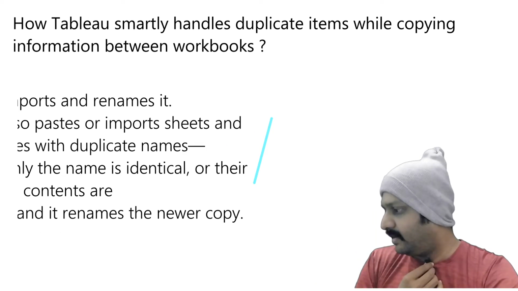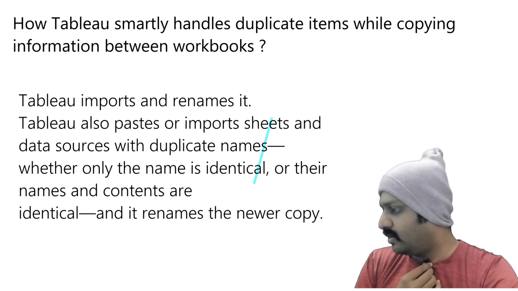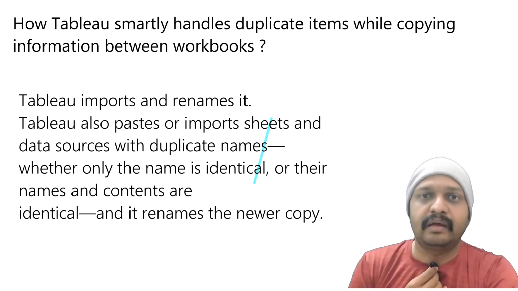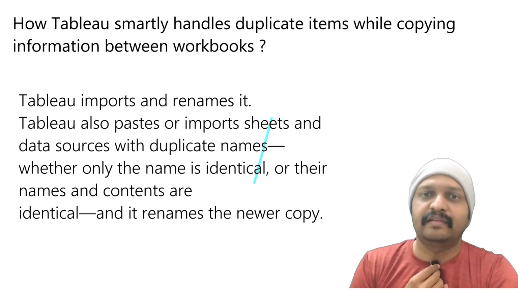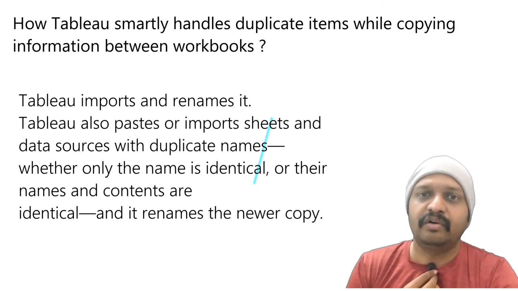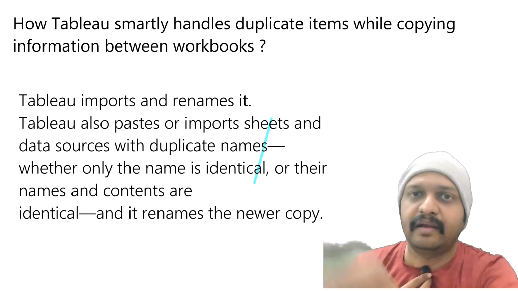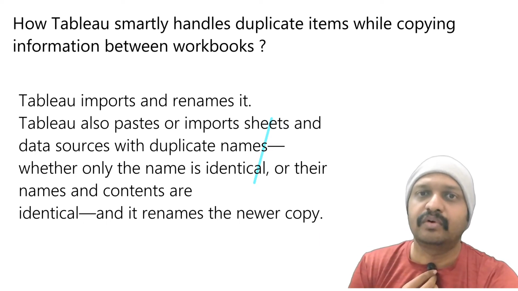Next question. How does Tableau smartly handle duplicate items while copying information between workbooks? If Tableau encounters an exact duplicate item in the data pane, such as a calculation, it does not paste or import that item into the destination workbook.